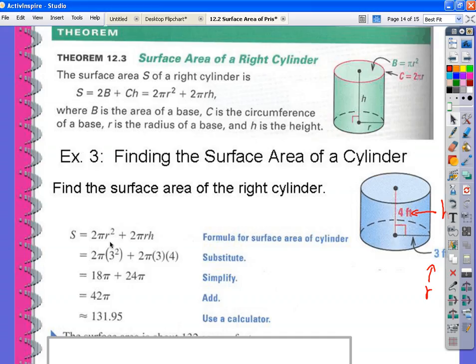What's 18 pi plus 24 pi? How do I add those up? Yeah, just add up like terms. They're both numbers of pi, aren't they? So 18 pi plus 24 pi is just 42 pi. If I round that to 2 places, I get 131.95, but that's an approximation. Okay? Make sense?